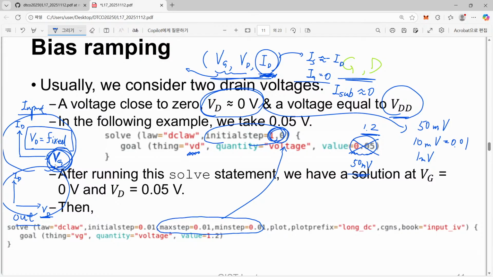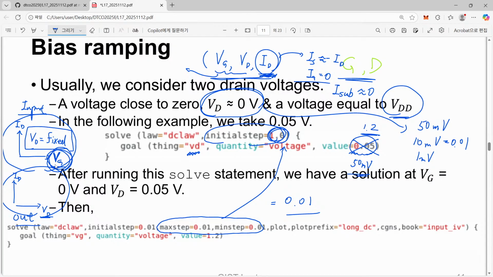The rule of thumb is if you make very small numbers for this max step and min step, then more or less you are guaranteed to have a successful result. But at the same time, it means that you have to wait for a long time. For example, you were quite successful with your max step equal to 0.01.